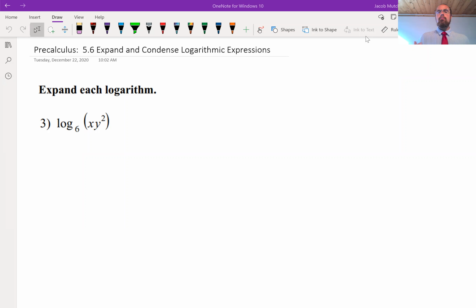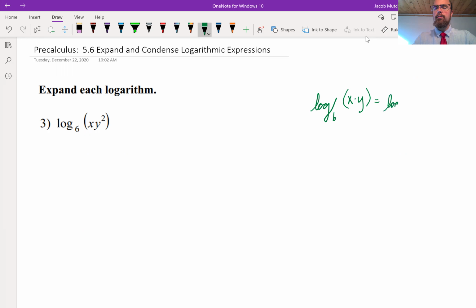And we need some rules or properties of logarithms in order to unpack this logarithm and expand it. So the first rule that we need is called the product of a logarithm. The way that it goes is if I have a logarithm base b of an argument that's something multiplied together, in this case x times y, I can expand that as a sum.